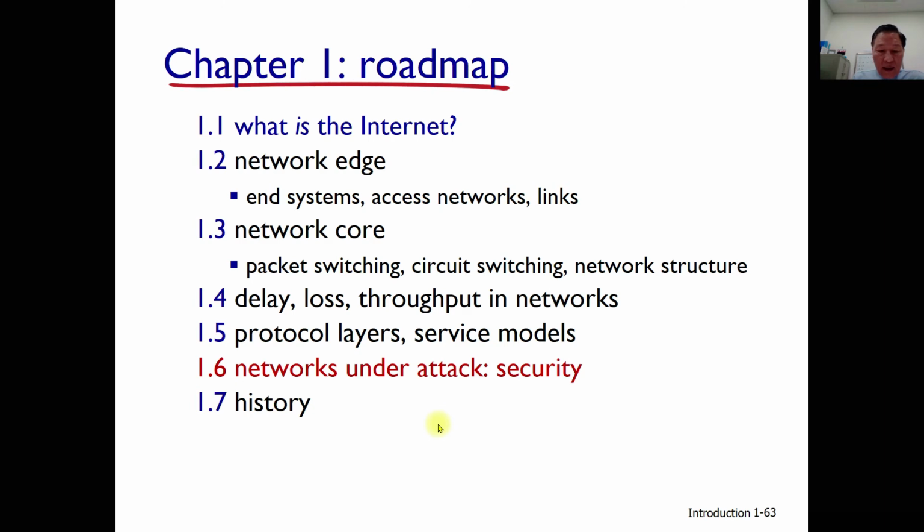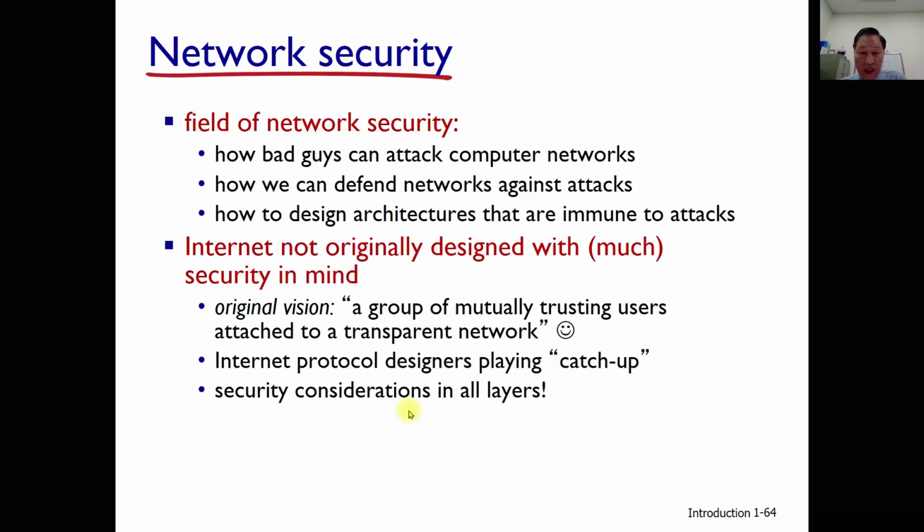Let's look at the network security issue. Even though this one is mainly discussed in another chapter, for example, in this 7th edition, chapter 8 mainly explains this security issue, here I am briefly introducing security, because this is important also in terms of the overall picture of the whole computer network.